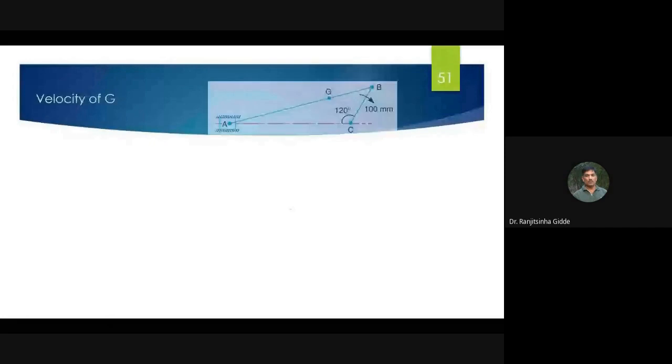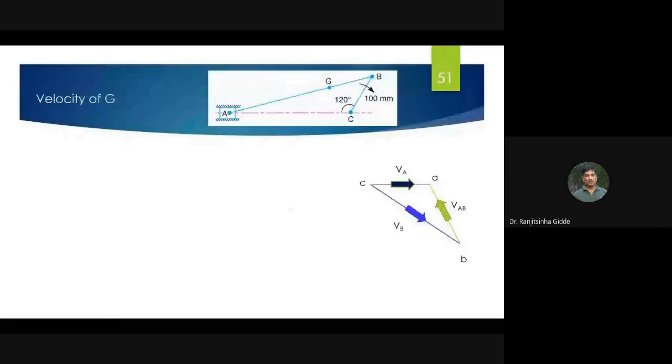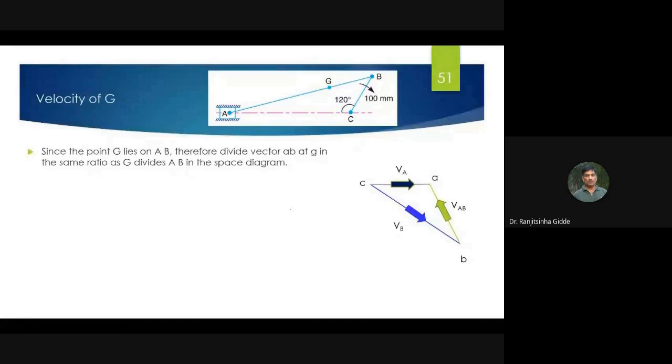Next line you can write. So this is the velocity diagram. Next line you can write, since the point G, our aim is to determine velocity of G. Since the point G lies on this AB, therefore divide vector AB.